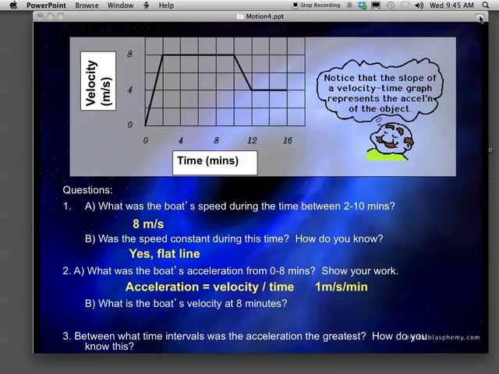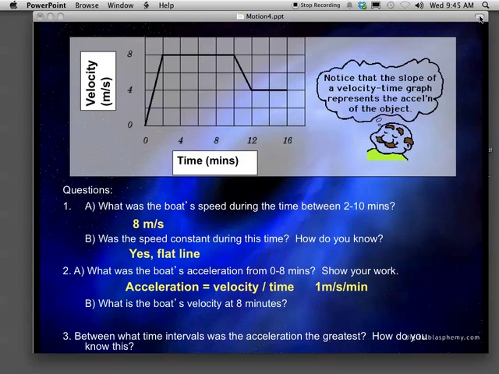What was the time that it took to do that? 8 minutes. I'm asking you between 0 and 8, the total acceleration in that time period. 8 divided by 8 is 1. Units? Meters per second per minute.